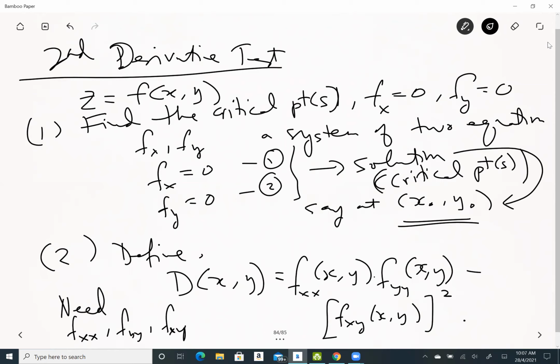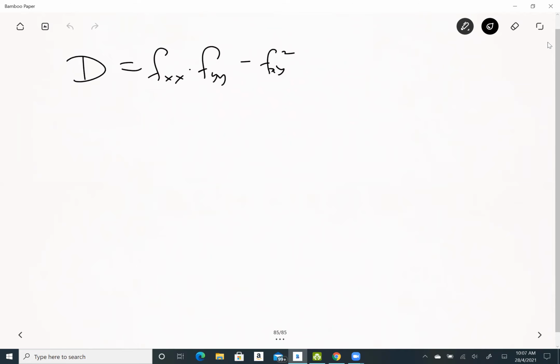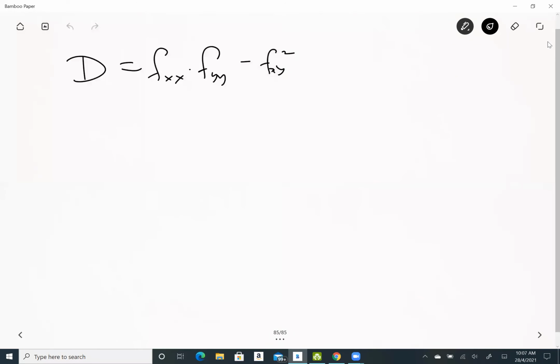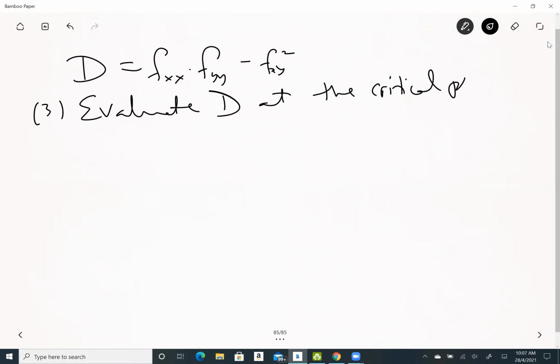So after you have the second partials and D in that form, number 3, we evaluate D at the critical point, which is x0, y0.